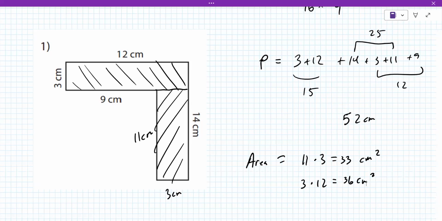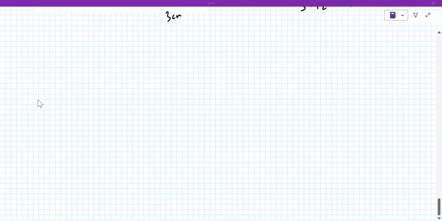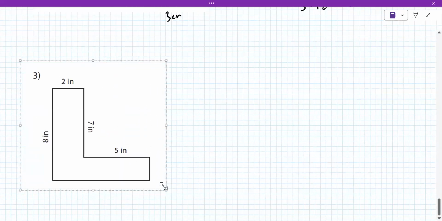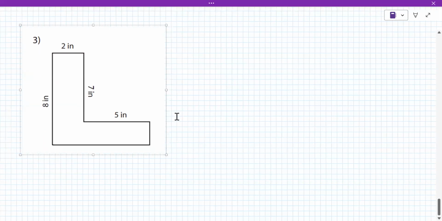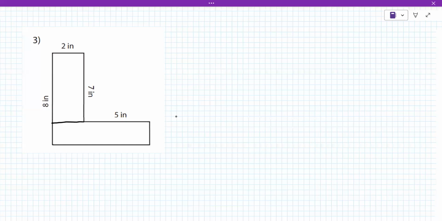All right, so let's have you try one more, just doing the area. I've got another one. I think we've got enough time to do it. I want to find this. 7 is the missing one, and 7 and 2.